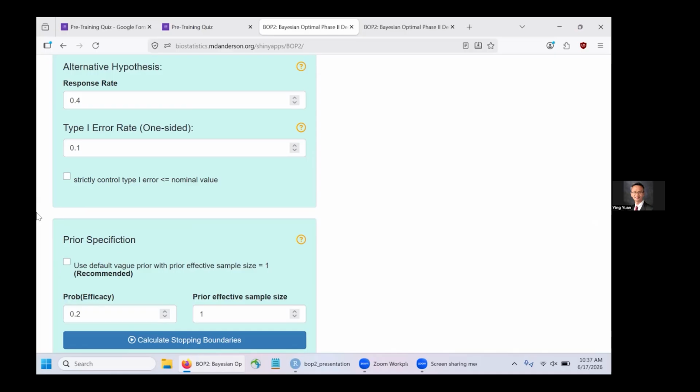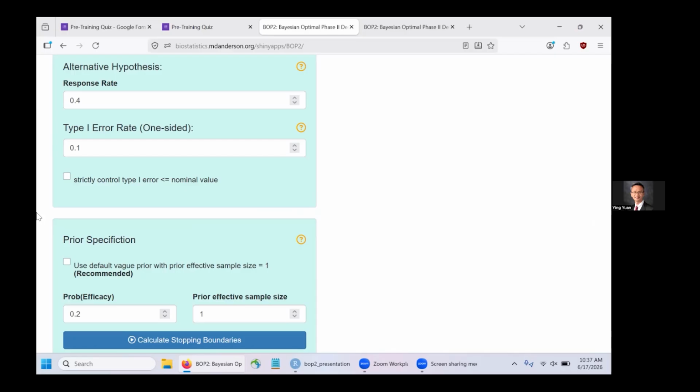So that's one. And the second is, a lot of people ask me this question: can they use an informed prior? And here is something not totally intuitive when you really use the software or methods.